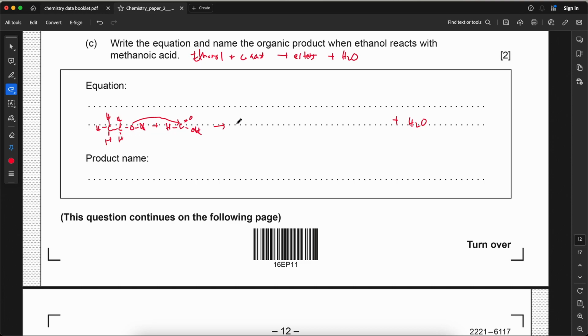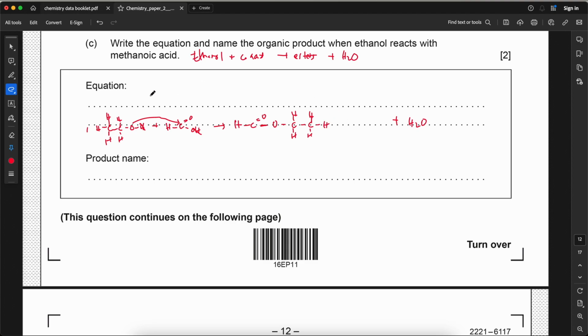So the formula will be HCOO, and then we copy this CH2 CH3.